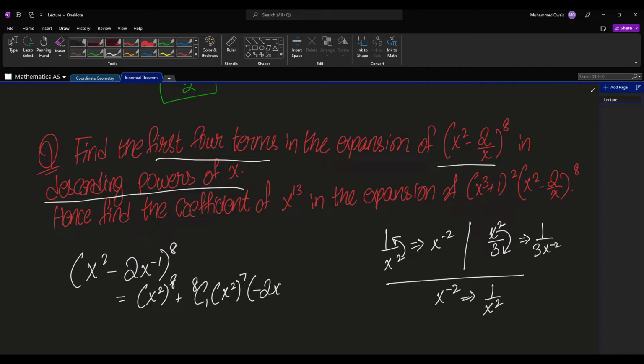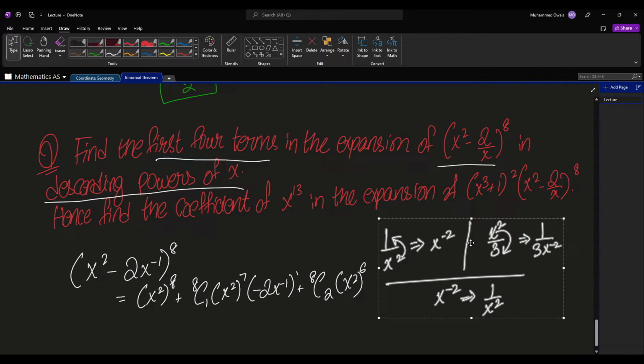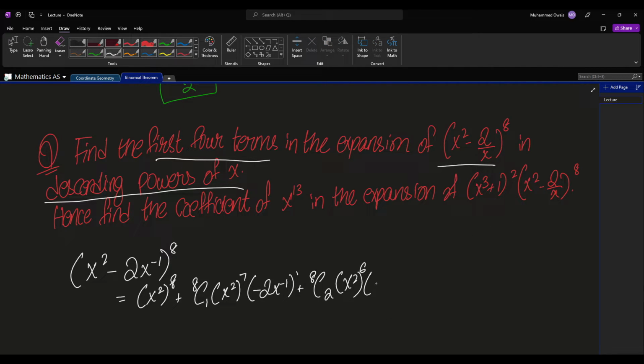Now minus 2x to the power minus 1, this is the whole power of 1, plus 8C2 x squared to the power 8 minus 2 is 6, and minus 2x to the power minus 1 is the whole power of 2, plus 8C3 into x squared to the power 8 minus 3 is 5, and minus 2x to the power minus 1 to the power 3.